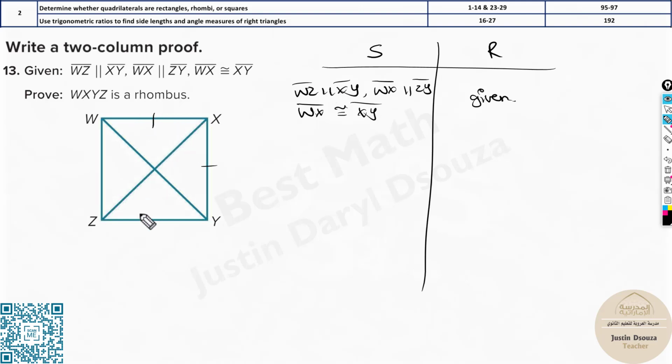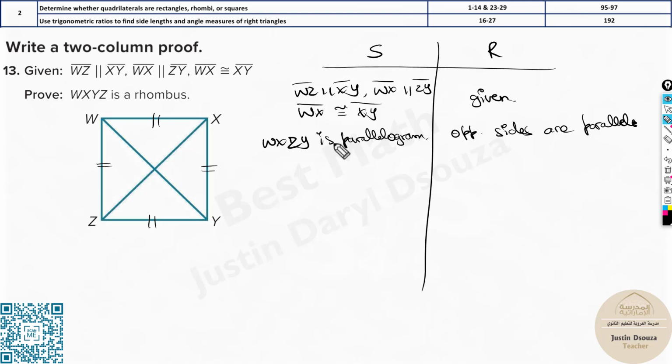They've already told us WZ is parallel to XY and WX is parallel to ZY. If the opposite sides are parallel to each other, then it's a parallelogram. So WXYZ is a parallelogram. Over here, the reason: opposite sides are parallel. That's it.